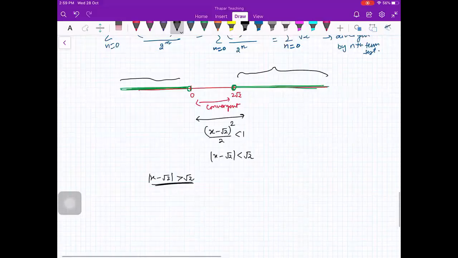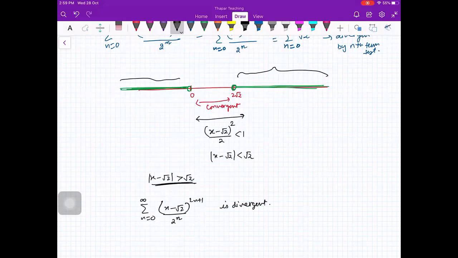If this is the case, then your series, the sum from n equal 0 to infinity of (x minus root 2) raised to power 2n plus 1 upon 2 raised to power n, is divergent. That you can straight away say from the theorem. If you want to check, that also you can do.